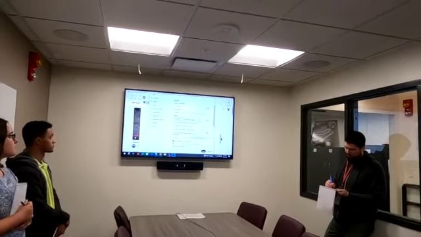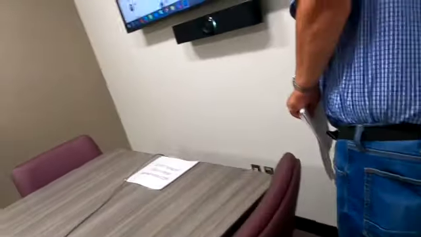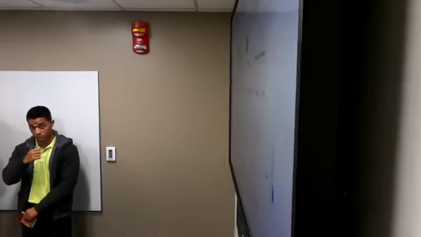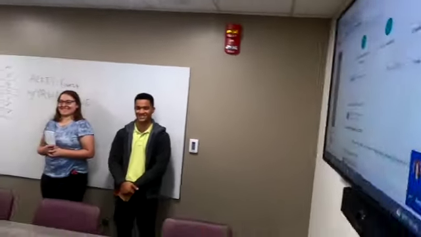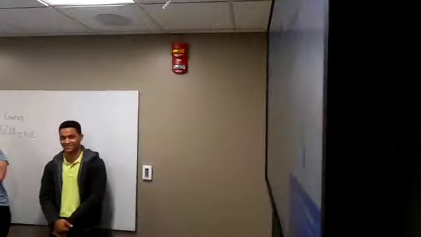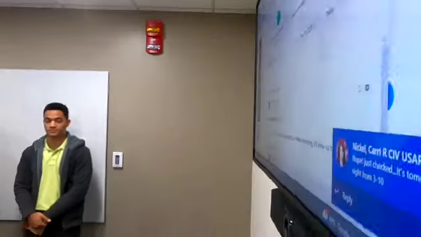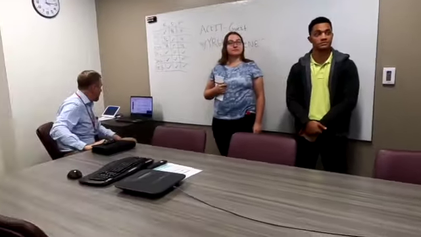If there's an out port on the side of that box right there, that's the video decoder. Basically that right there with the lights flashing on it with the blue cable plugged into it. That's your video decoder. That's what pulls the video off the network and then puts it on the display.